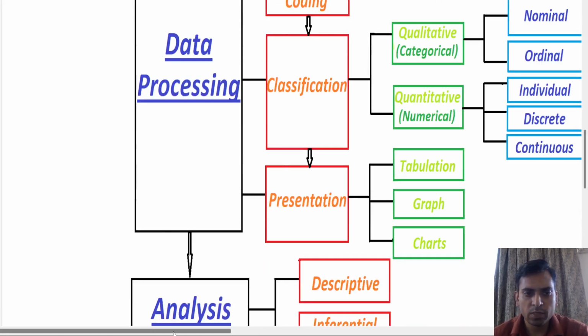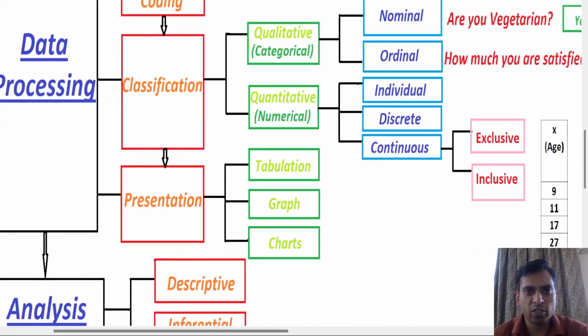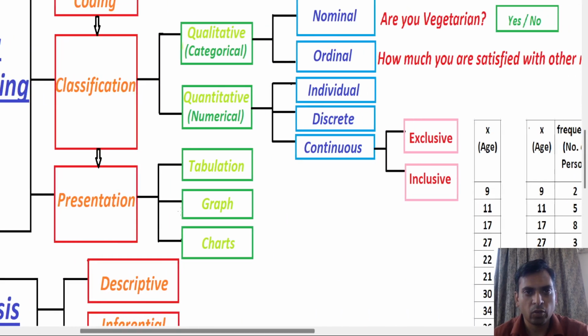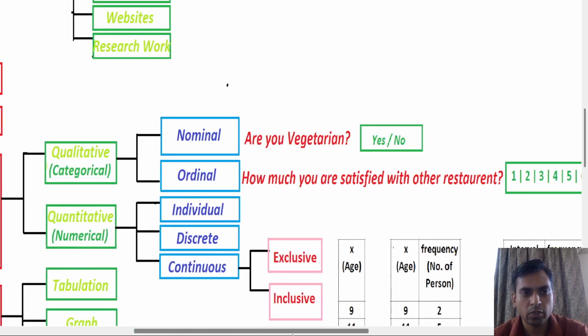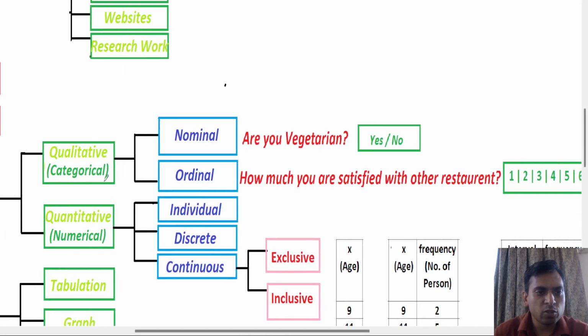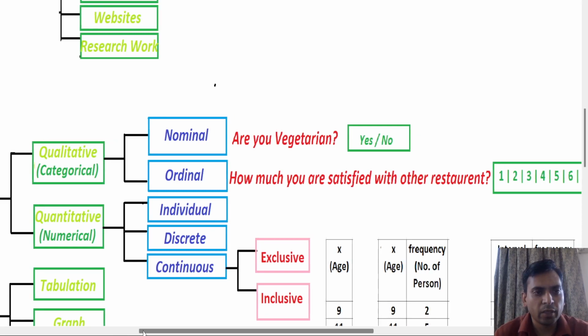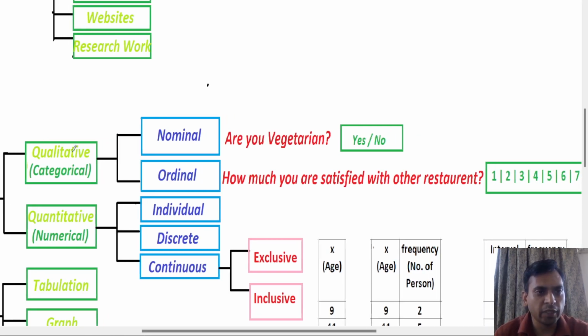First is qualitative and second is quantitative. So there are two forms in classification of data. Qualitative is also known as categorical, and quantitative is considered numerical. And again, there are segregations in qualitative and quantitative. In qualitative, there are two segregations: first is nominal and second is ordinal.